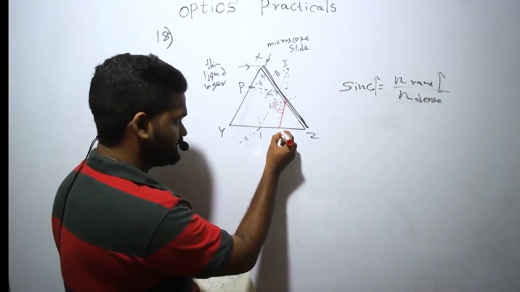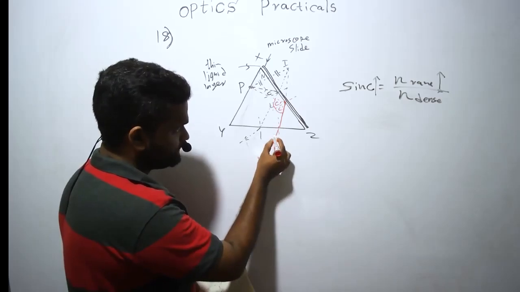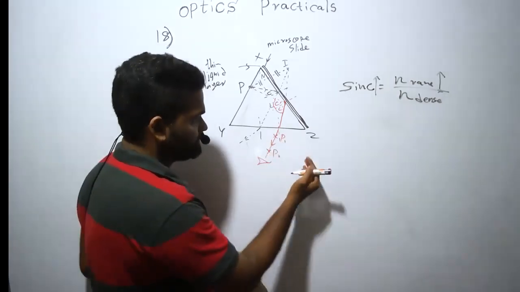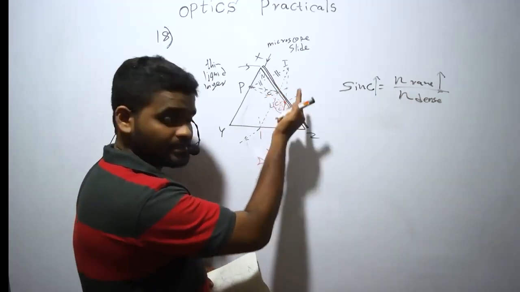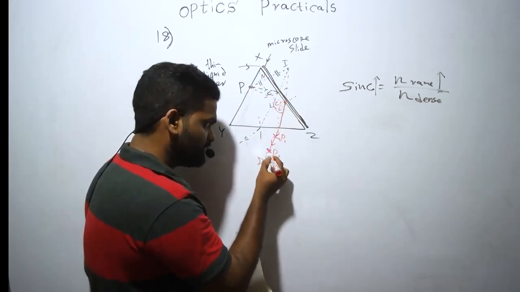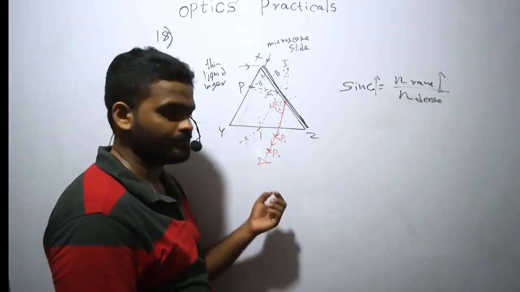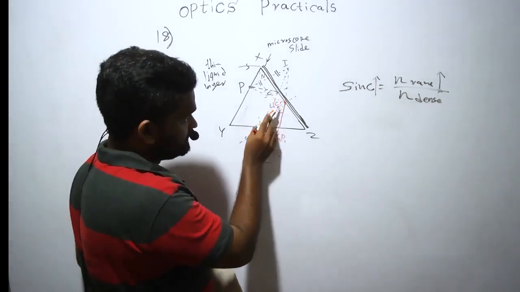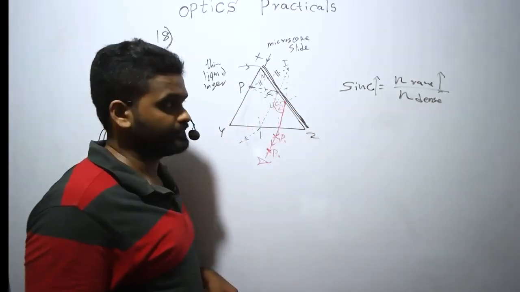Then the normal and the ray comes out. You place P1 and P2 pins here, right? For these ones, you do the same experiment. You move the eye from here to here. When the image of P disappears, you place P1 and P2 optical pins along that line, right? You do the same stuff. But here what you have to understand is that when there's a liquid layer, the critical angle got larger compared to the previous critical angle, right?